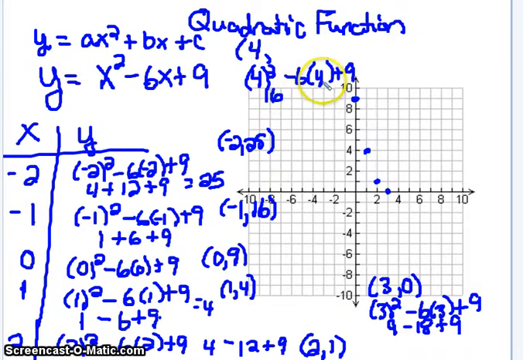Negative 6 times 4 is going to give me negative 24 plus 9, is going to give me 16 and 9, which is 25. And 25 minus 24 is 1.